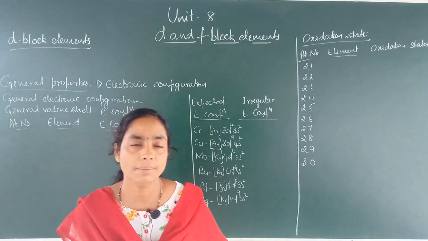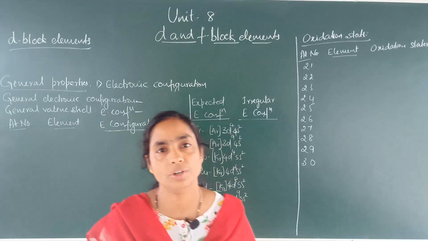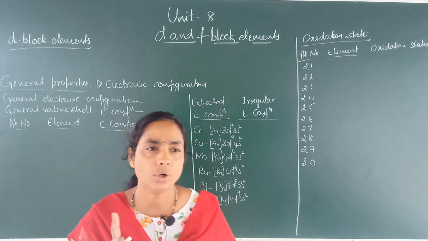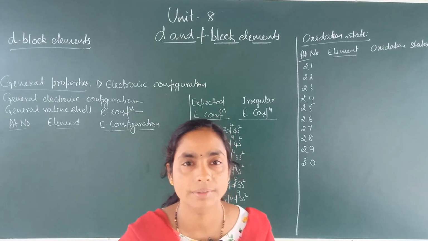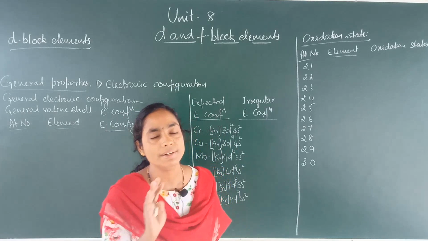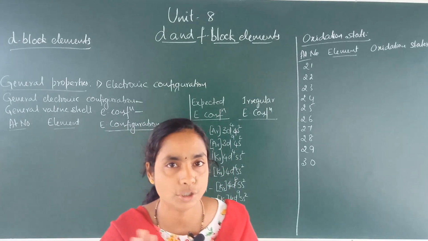These D block elements are present in the middle portion of the periodic table. You know, there are 18 groups in the periodic table. Out of these 18 groups, these elements are present in groups 3 to 12.